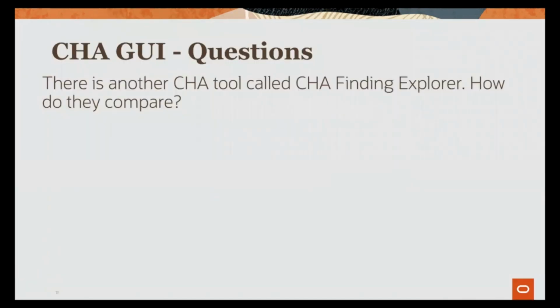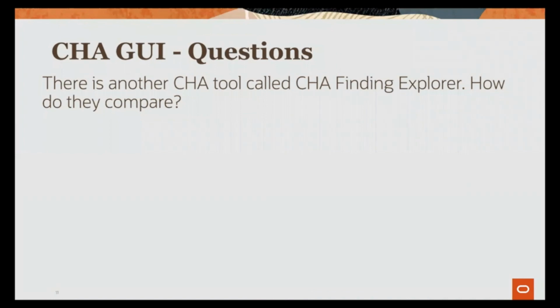So there is another CHA tool that we actually had a session about a few months ago, called the CHA Finding Explorer. How do these two tools, both available on MOS, compare?